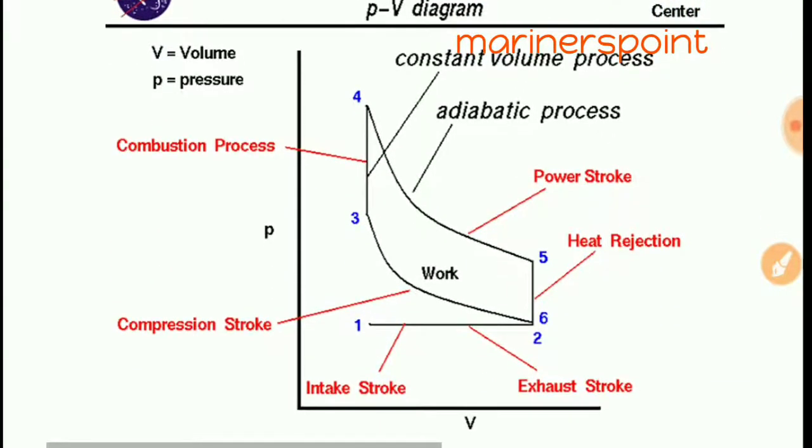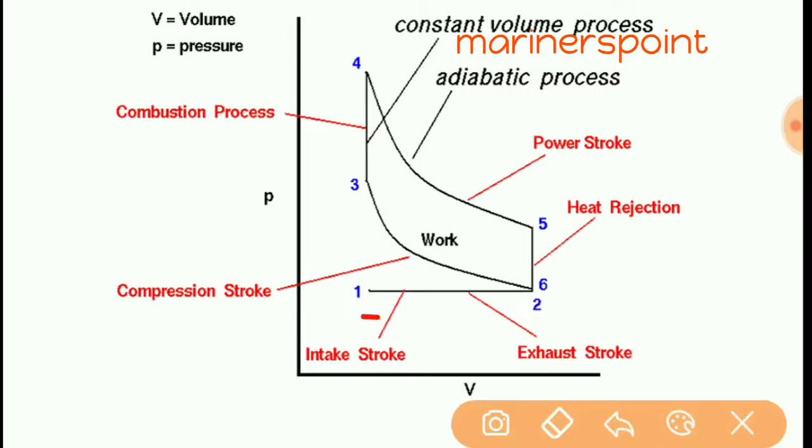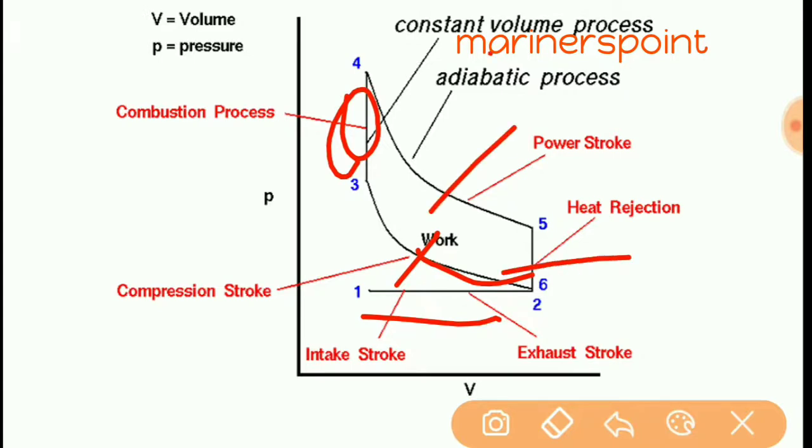In the actual Otto cycle, you can see intake, work done, that means piston moving from BDC to TDC. Combustion process, that means a spark, fuel and air mixture, combustion takes place. Now what will happen? Power stroke and heat rejection. And adiabatic means no heat added, no heat rejected.